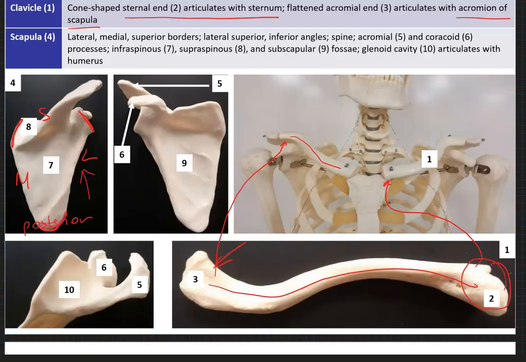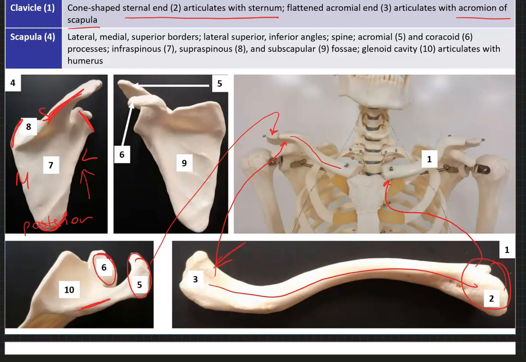And then there is a spine. So this and this, the spine on the scapula. The scapula has two processes. One of them is the acromial process that articulates with the clavicle, and another one is the coracoid process.